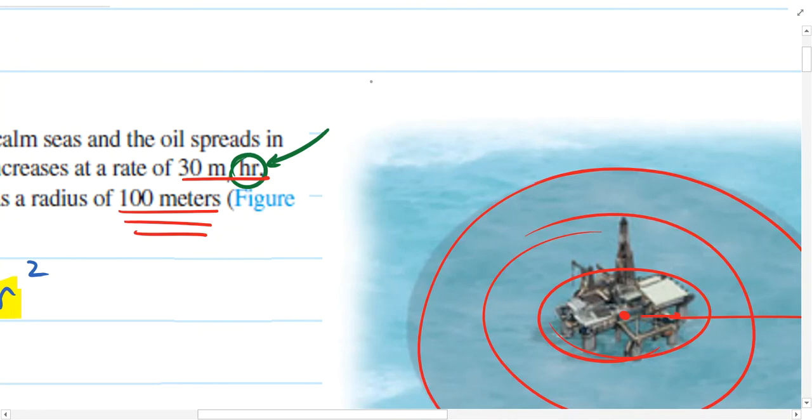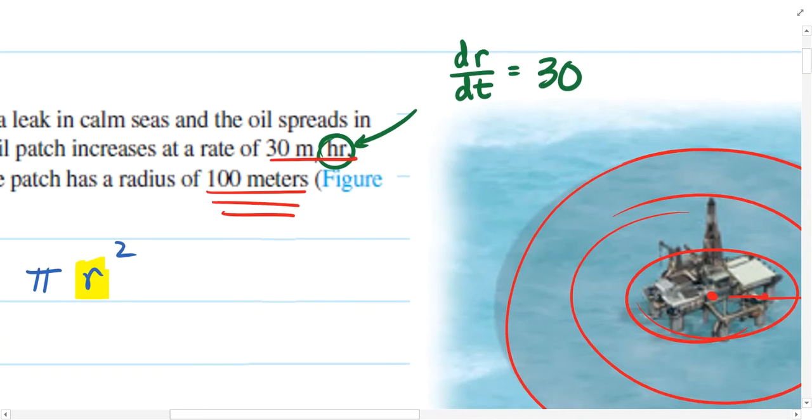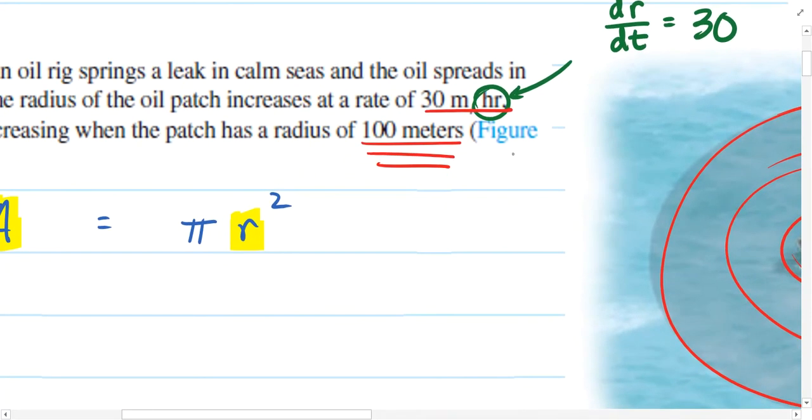And in fact, it should be considered as a derivative, because the rate of change of the radius with respect to time is essentially a derivative. And we actually have a value for that component that we'll see its use in just a moment. We're going to be curious about this related rate precisely when the radius itself is equal to 100 meters. Meters per hour. We'll include our units.